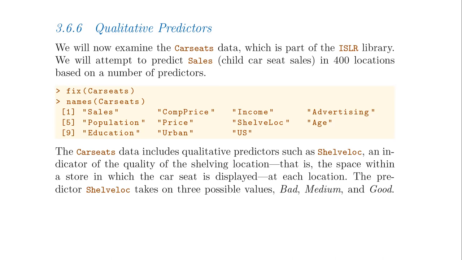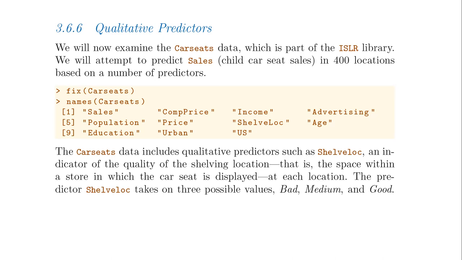The car seats data includes qualitative predictors, such as that variable, which is an indicator of the quality of the shelving location. That is the space within a store in which the car seat is displayed at each location.